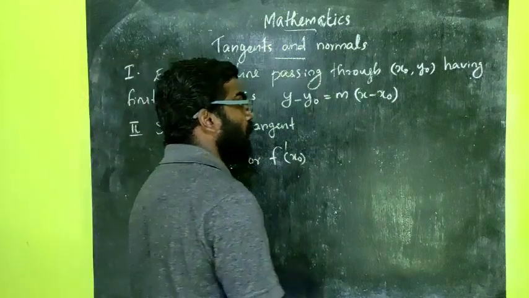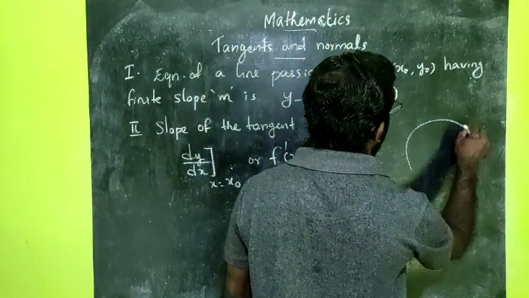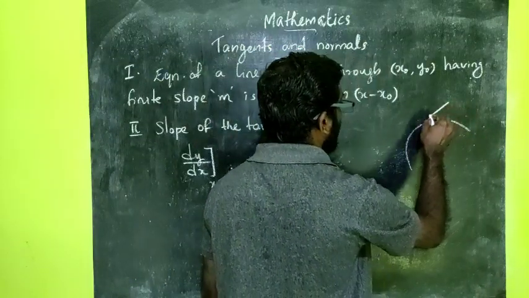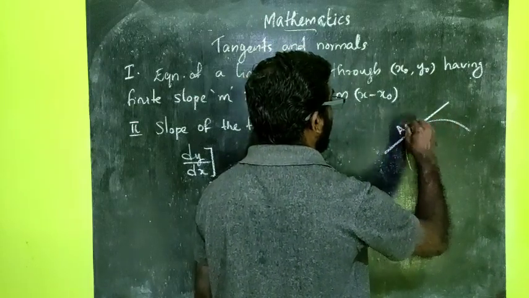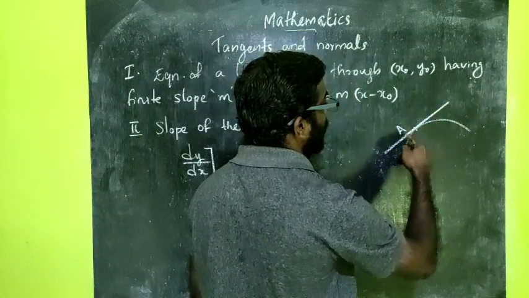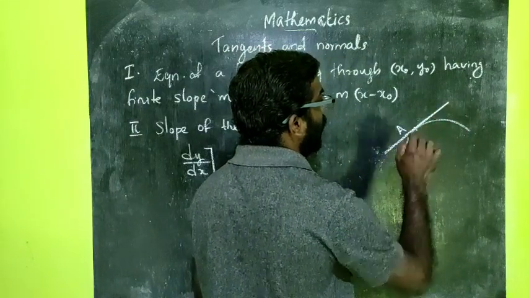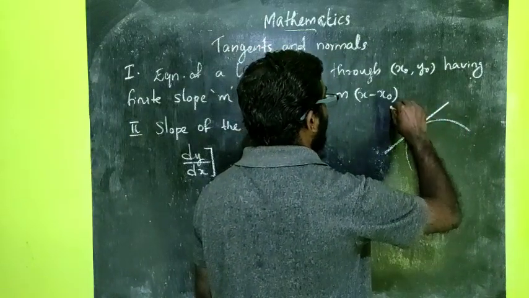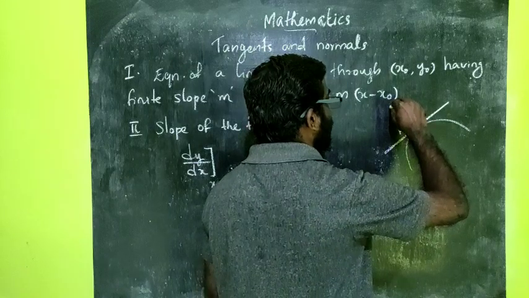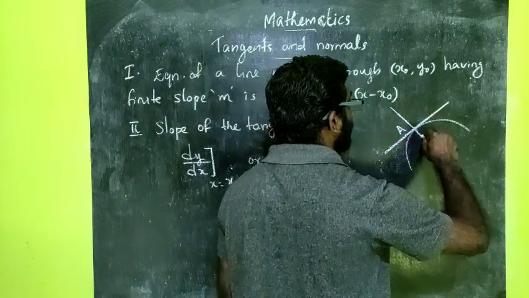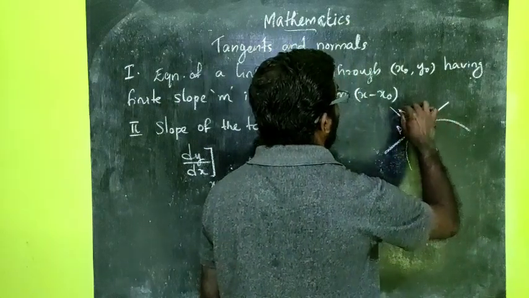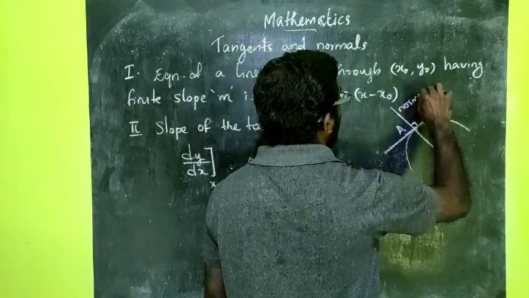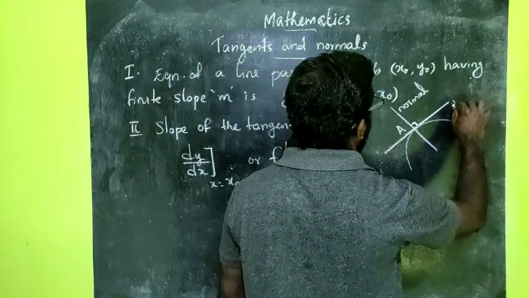We can consider a curve and a tangent at this point. We can name it as A, the point A. So this line is the tangent line at the point A. Now we can draw one perpendicular through A. This perpendicular line is known as normal. Here it is the normal and this is tangent.